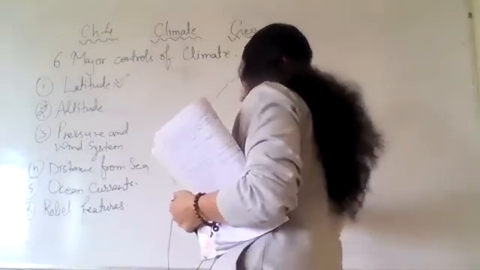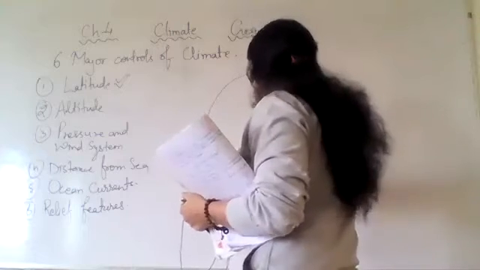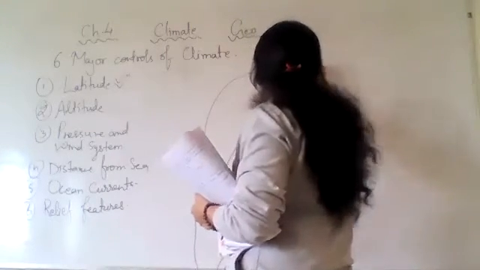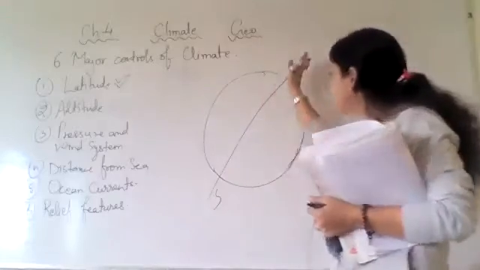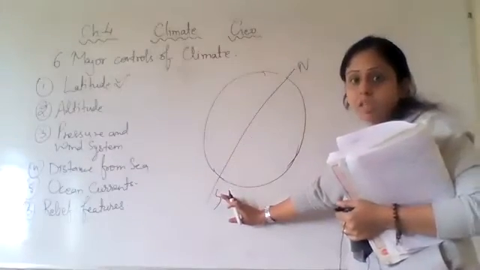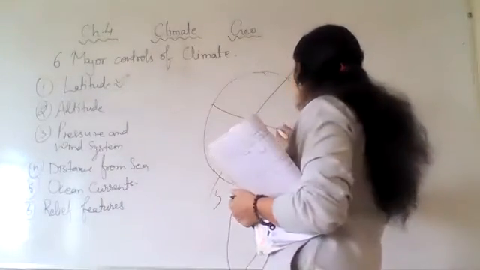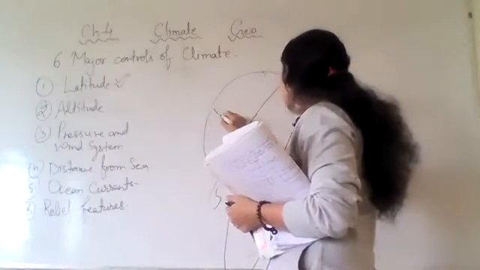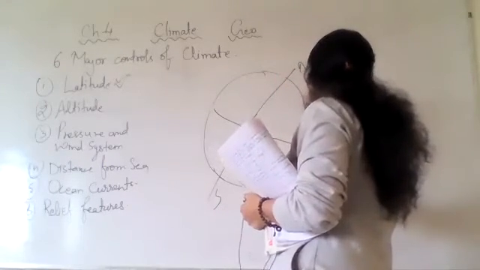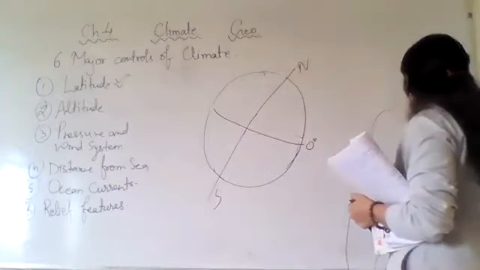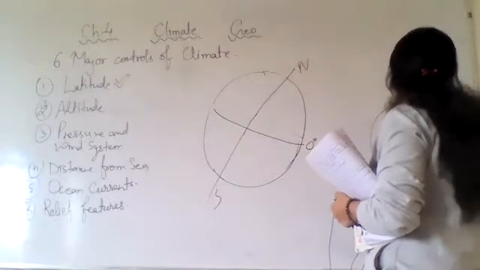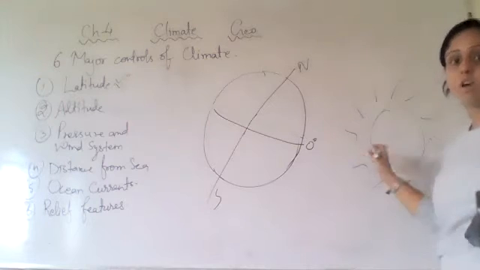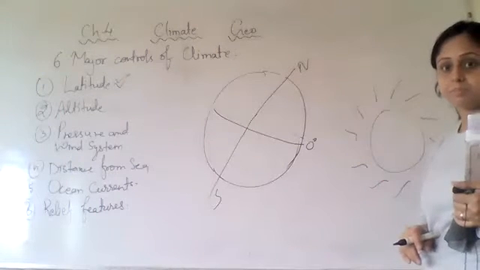It is tilted like this. So this is north and this is the sun. Here you will find the equator. Now here is the sun. The sun is not tilted. Only Earth is tilted.